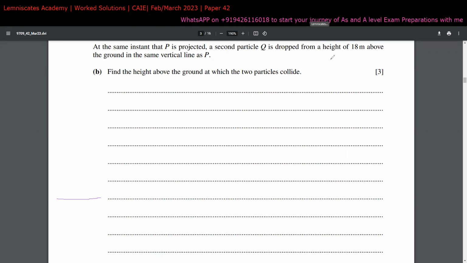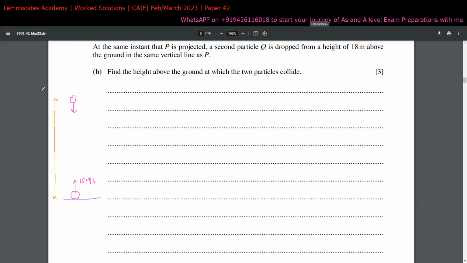So here is the ground. Here is particle P, which is thrown vertically upwards at 15 meter per second. At the same time, particle Q is also dropped from a height of 18 meters above the ground. So this distance over here is 18.